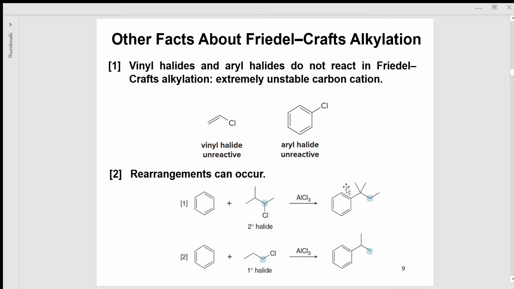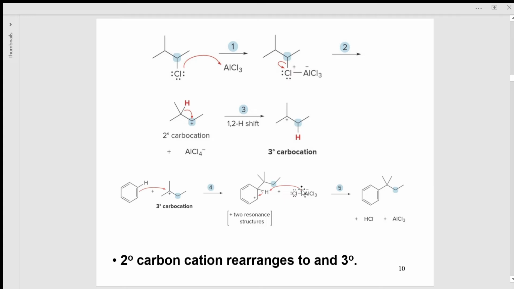Because for the Friedel-Crafts reaction the intermediate is a carbocation, and we learned in, I believe, chapter 9 that carbocations can do rearrangement reactions. So this is the carbocation rearrangement. We can form a secondary carbocation.